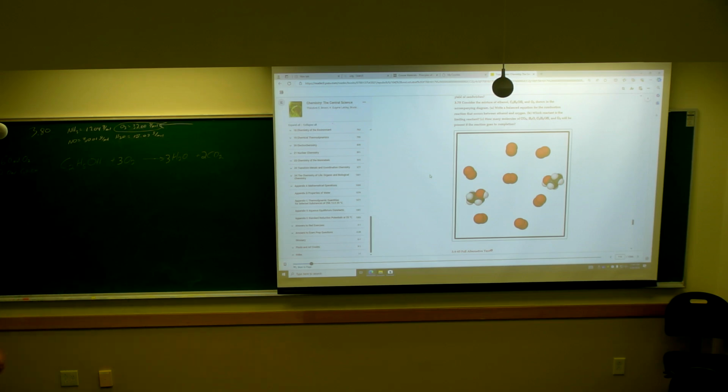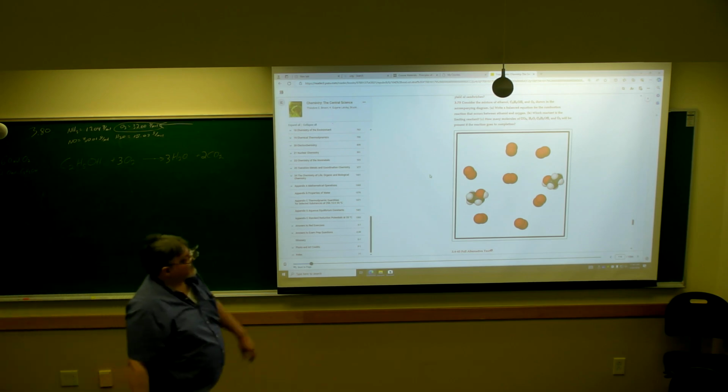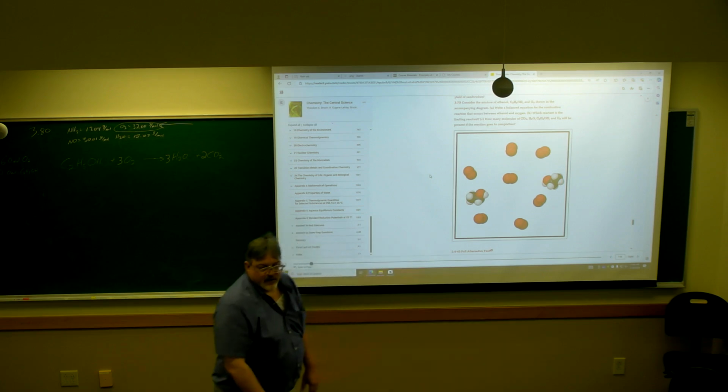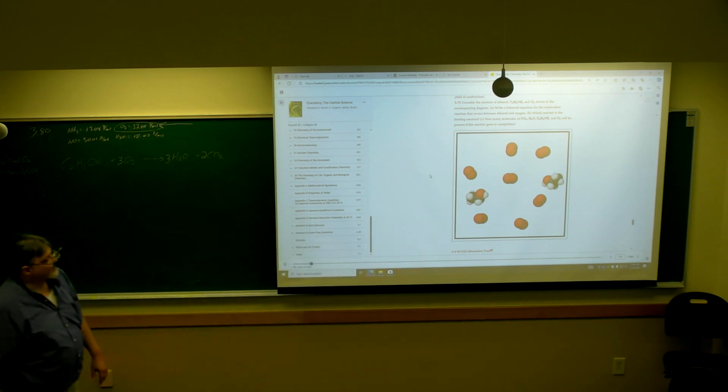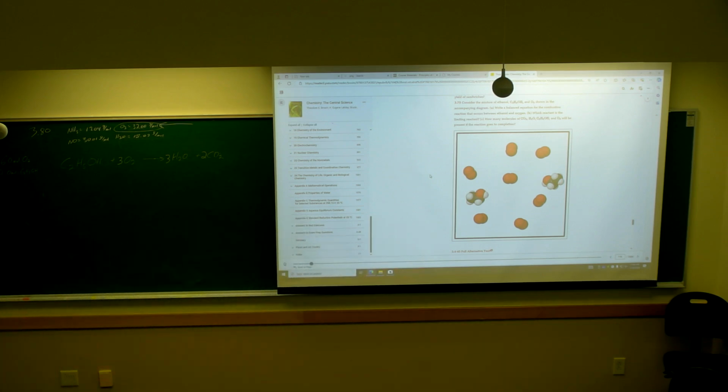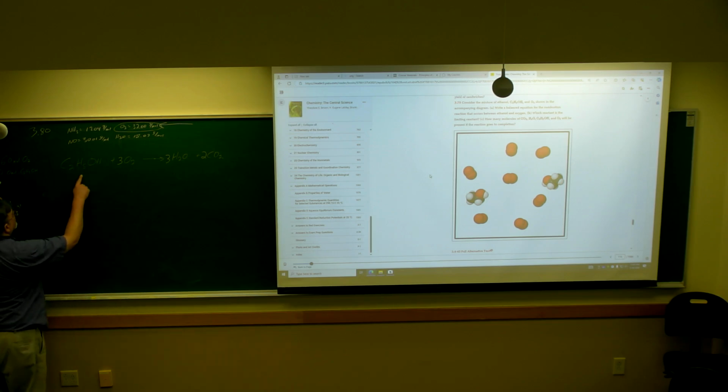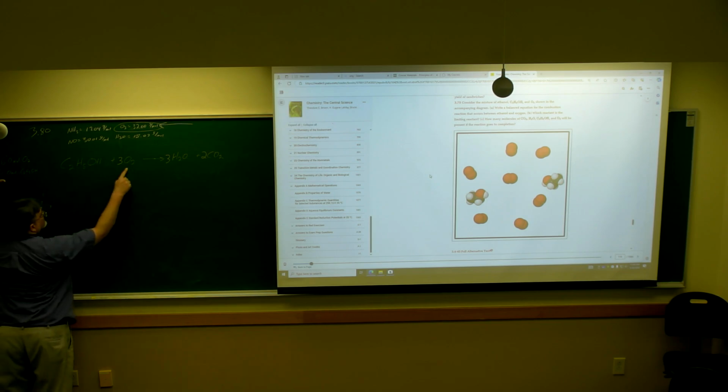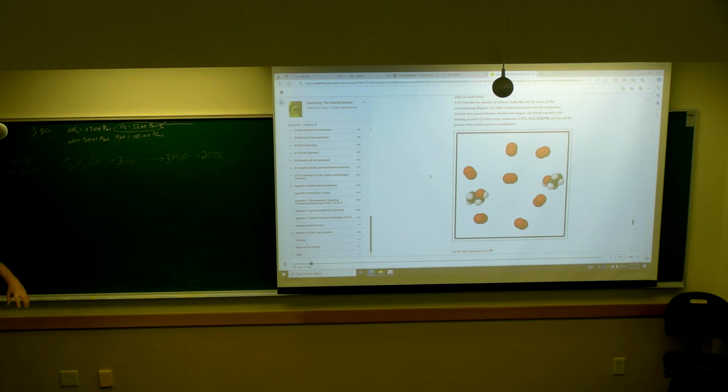It's become more and more common to use these kind of space-filling color diagrams, but you can't do that on paper, so I tend to lean away from those types of diagrams. But pretend the problem said this. You've got 2 moles of this, 6 moles of this put together. So now you have to figure out which one is limiting and which one is excess.